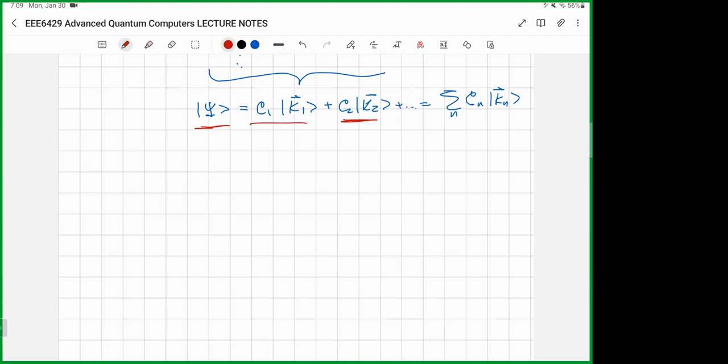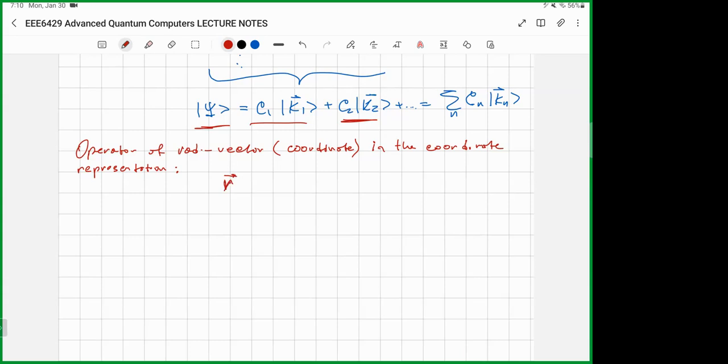So let's write this down. The operator of the radius vector coordinate in the coordinate representation is simply what? It is simply the coordinate itself.